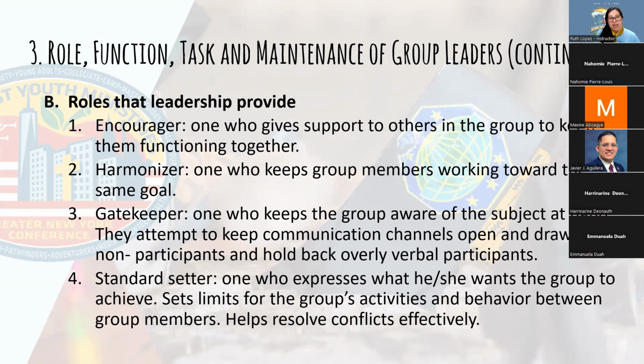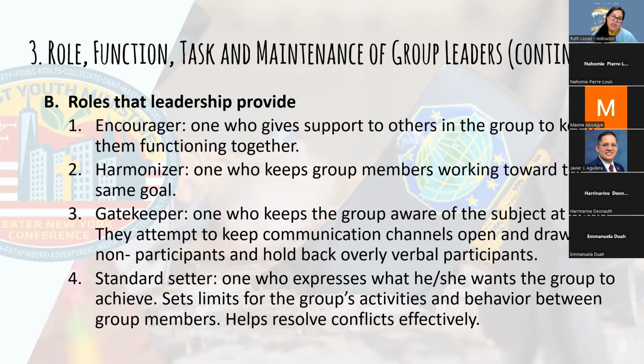We have the gatekeeper, one who keeps the group aware of the subject at hand. They attempt to keep communication channels open and draw out non-participants and hold back overly verbal participants. So the gatekeeper is the one that makes sure nobody's holding the mic for too long and somebody is not left in the corner without getting their voice heard.